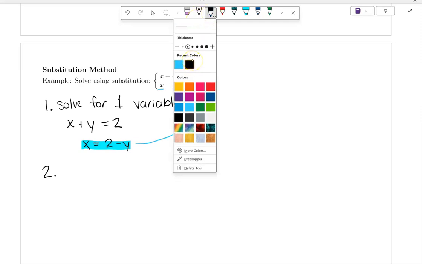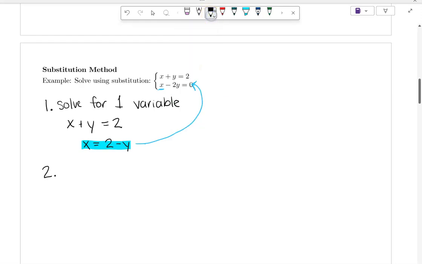So when we do that, we'll get 2 minus y minus 2y equals 0. Does that make sense how we plug that in to the other equation? And now we have the second equation in terms of y. So then we can solve for y. Now solving for y, what do you do? Simple algebra. You got it.